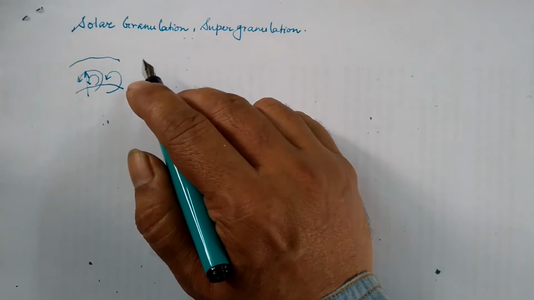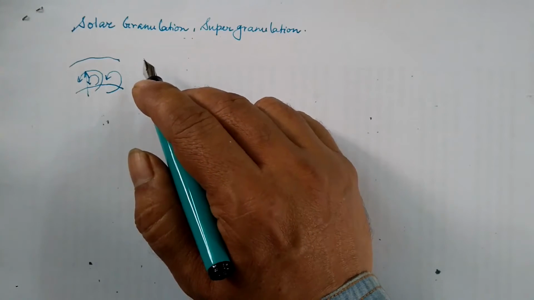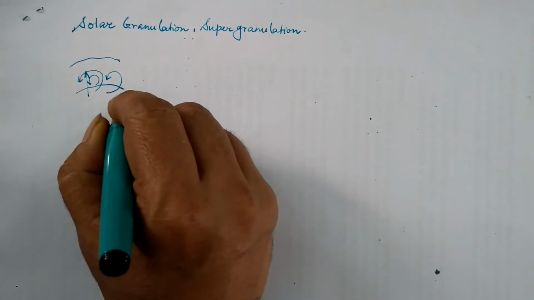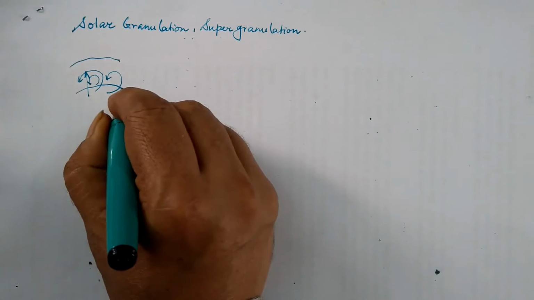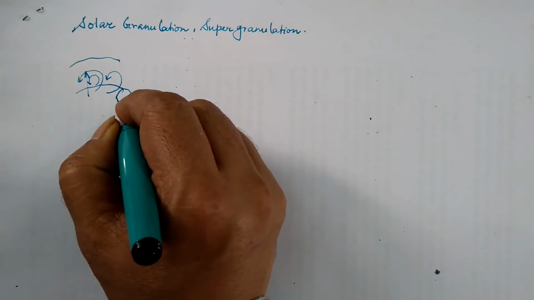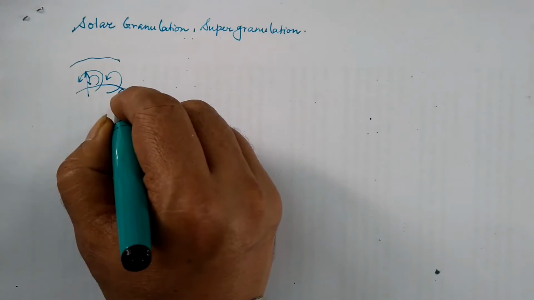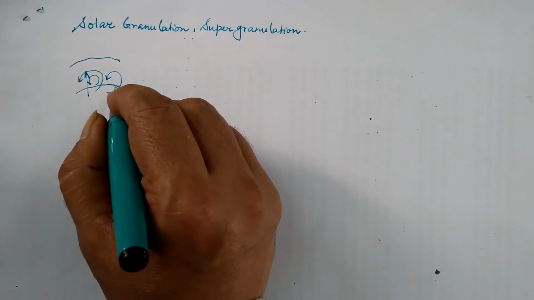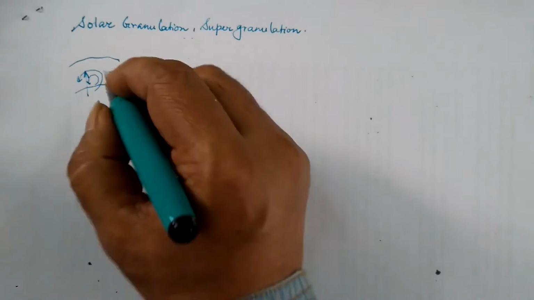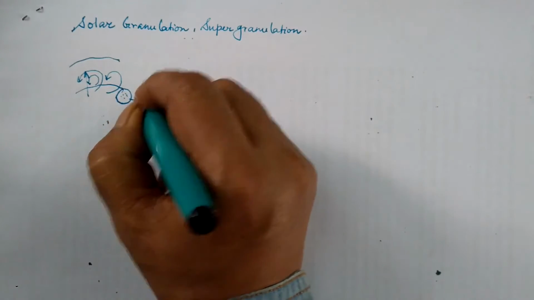The basic model is like this: there are convective cells of gaseous mass. So there are cells like this. This has a gaseous mass inside and has a particular energy.